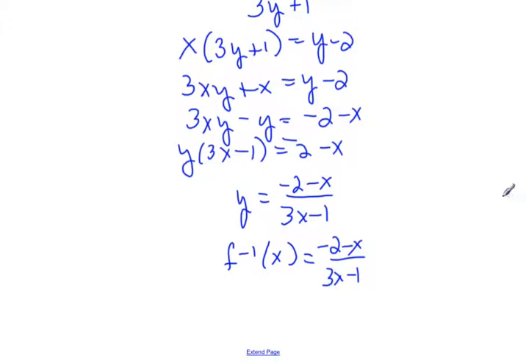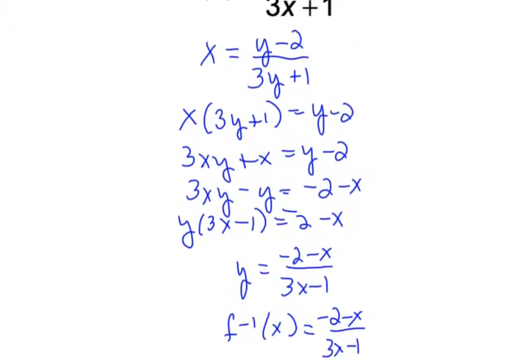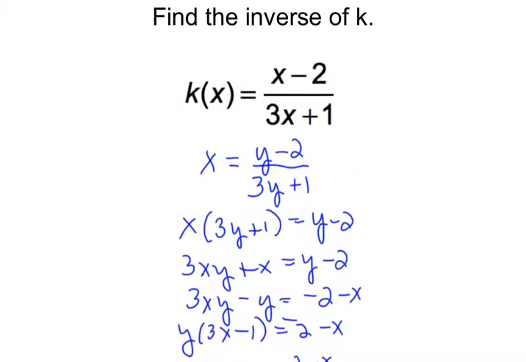To do this with rational functions, I'm going to look at my original function and decide what the domain and range are. My domain will not allow me to have 0 in the denominator, so that means that 3x plus 1 has to not equal 0.